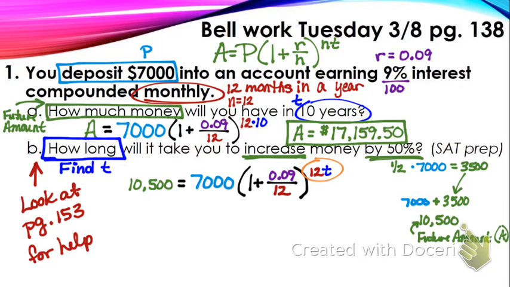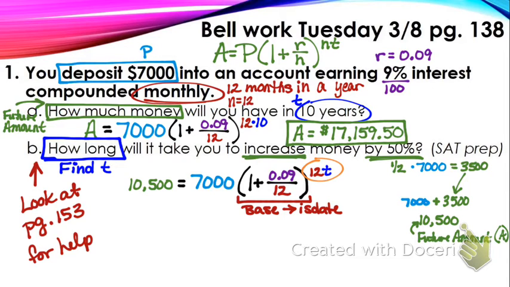Since it's part of an exponent, it's on a base. 12t is an exponent on what? Yeah. 1 plus 0.09 over 12. This whole set of parentheses is my base, and I need to isolate that so that I can move forward. So the parentheses stay, since that's the base. The exponents are stuck onto it.